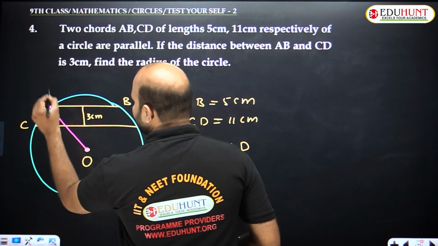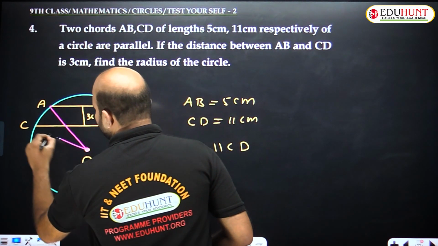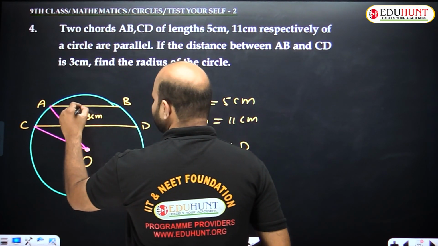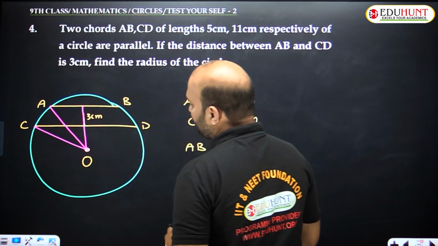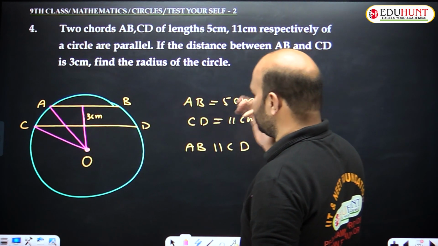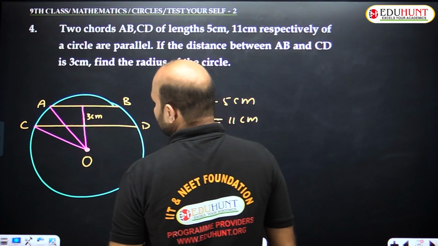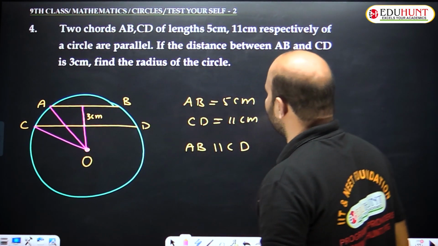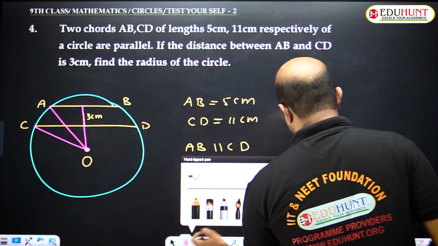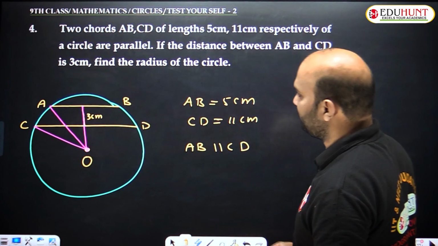Here OA is a radius as well as OC. Am I clear? Yes, the question asks for the radius of the circle.